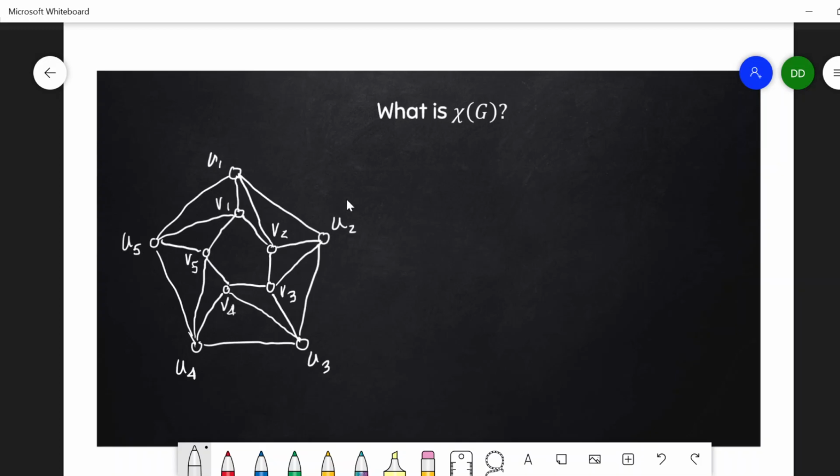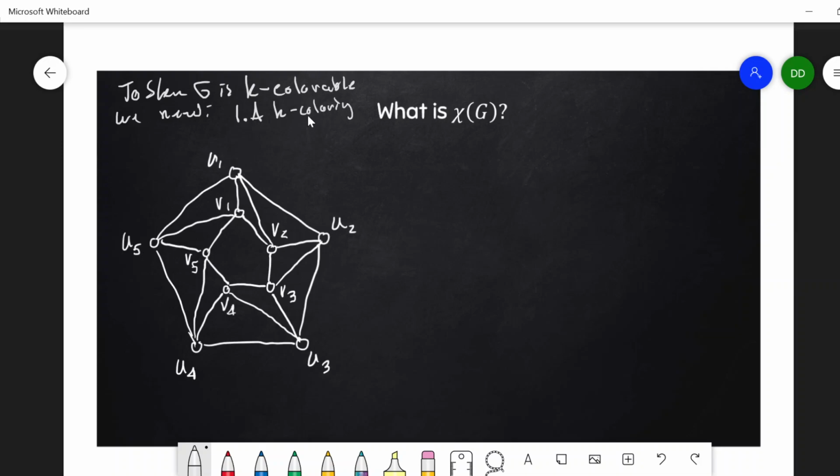Remember, for example, k-connected graphs. So in order to show a graph is k-colorable, we have to demonstrate that we can get a proper k-coloring of it. Sorry, maybe I'm going to write that down. To show G is k-colorable, we need one, a k-coloring, a proper k-coloring.